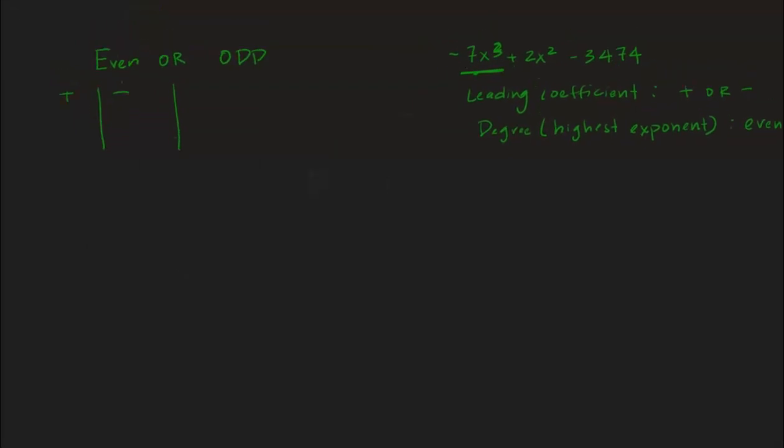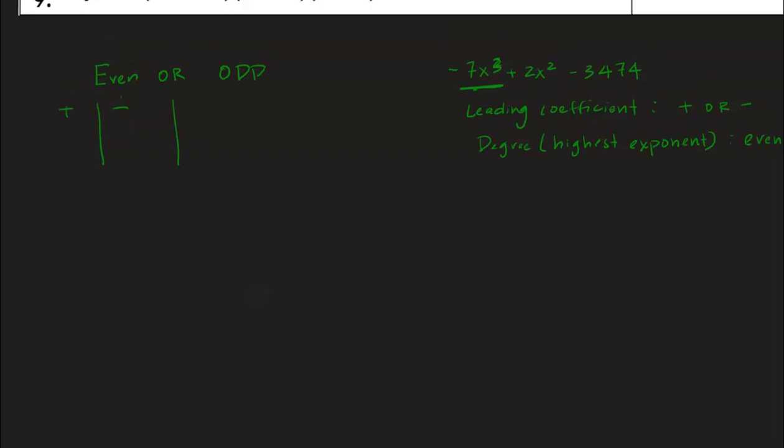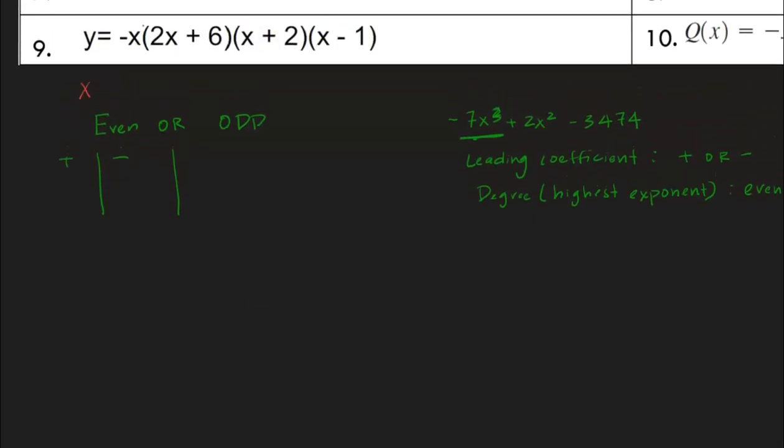So if it's an even function, for example, like x to the 178 or x to the 12th or whatever, just remember it's all going to look like a quadratic. They're all going to look like a quadratic. It's either going to be a concave up parabola or a concave down parabola.